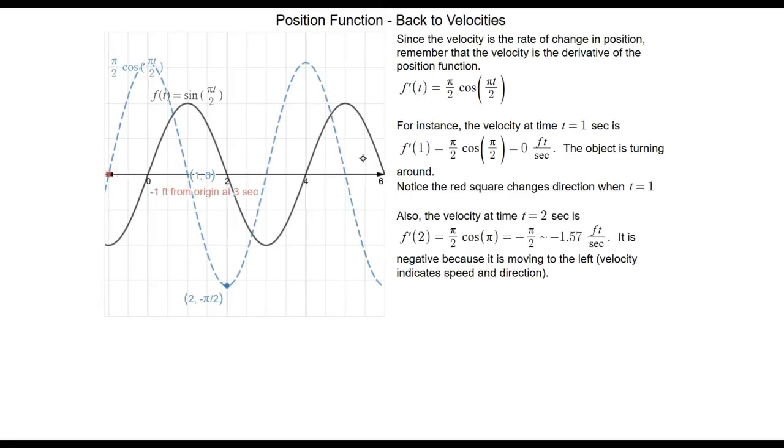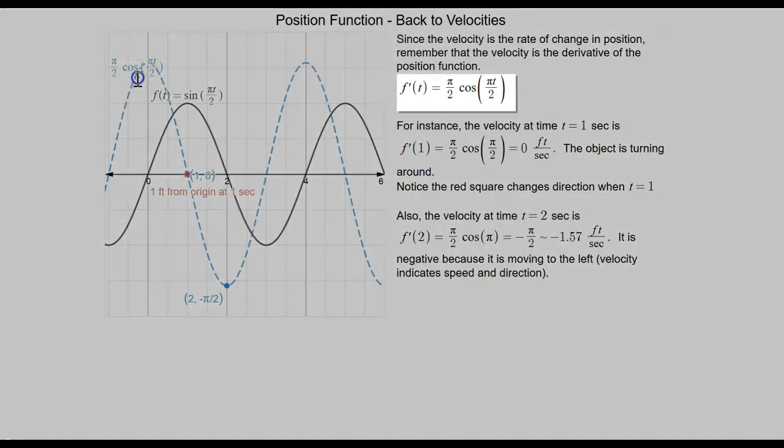So remember that the instantaneous rate of change of the position function is the velocity of the function. So if I take the derivative of my position function, I get my velocity function.